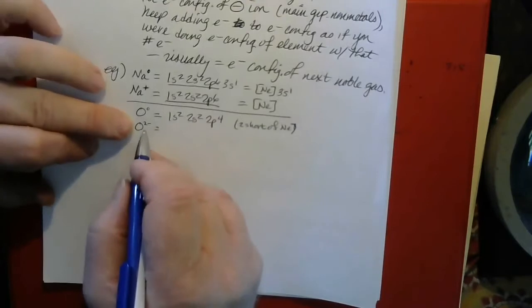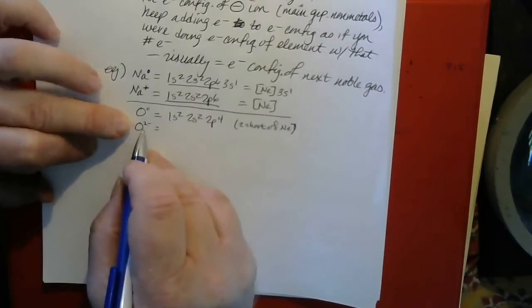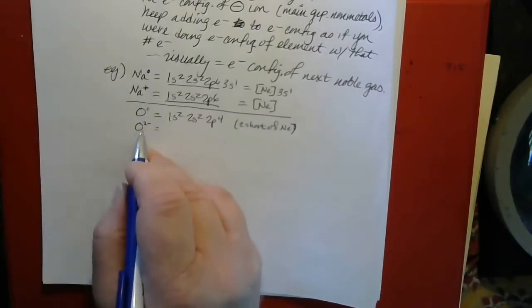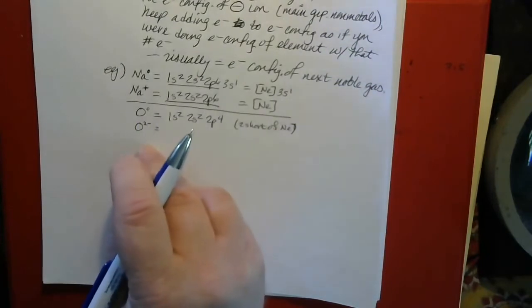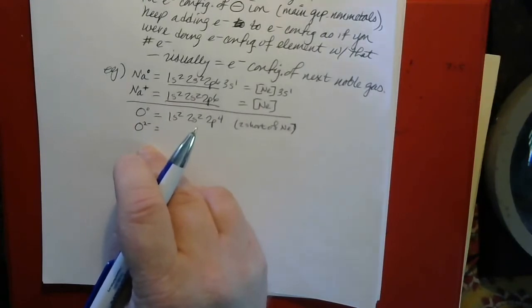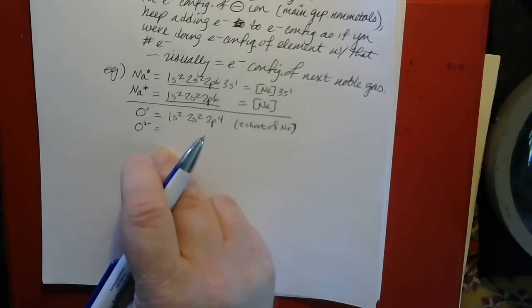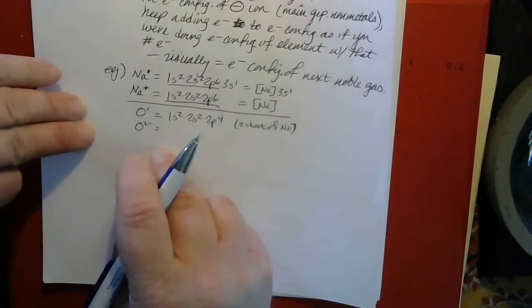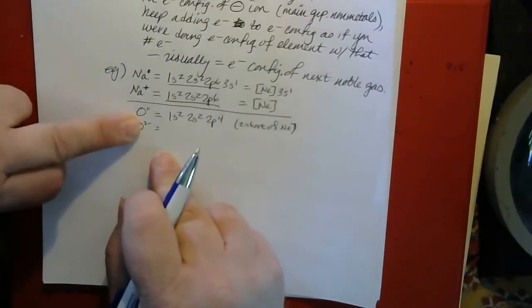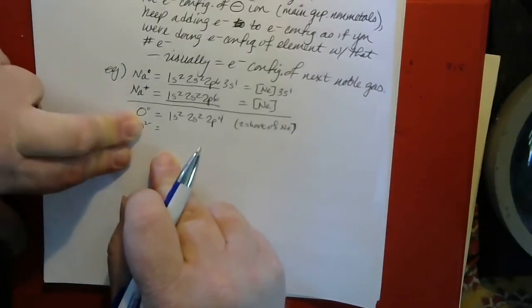So if we wanted to do an electron configuration for the oxide ion, that is oxygen with a -2 charge, we just basically say, okay, how many electrons does oxygen have, and add 2 more electrons to that. Oxygen has 8 electrons of its own. When it forms a -2 ion, that means it has 2 more, which is 10.